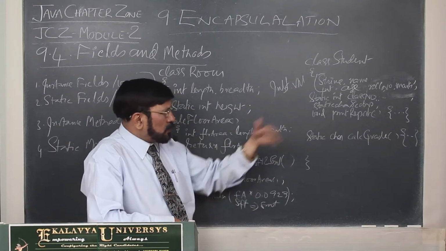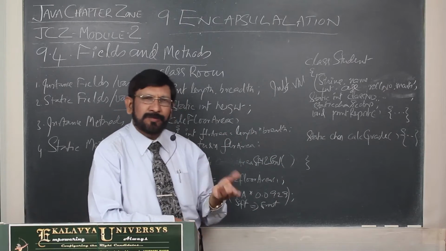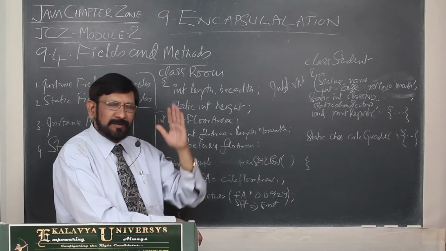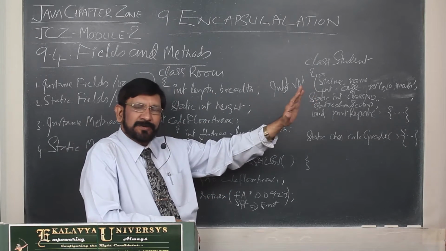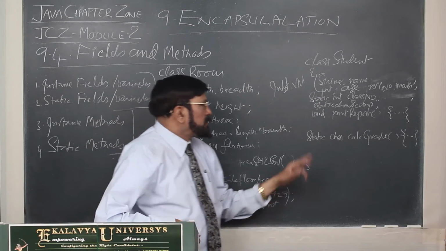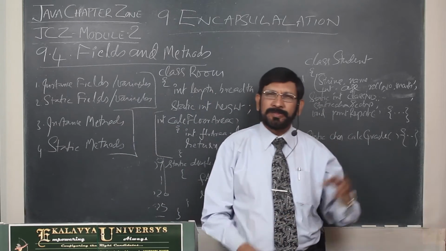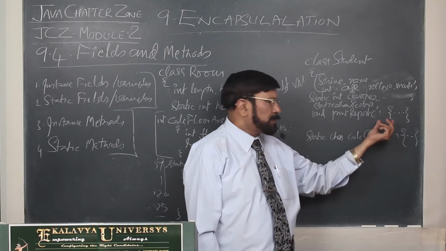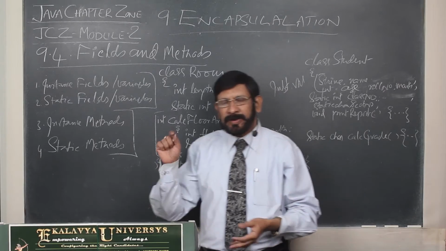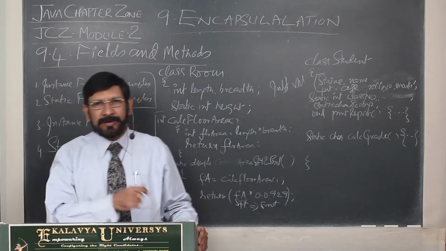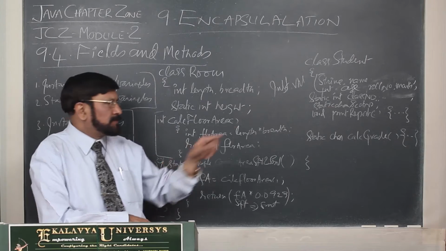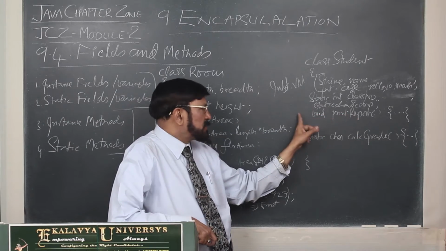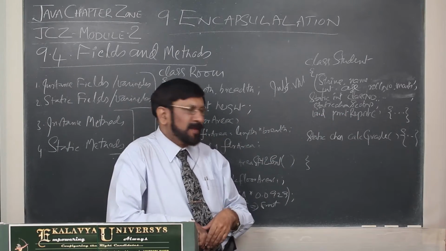In the course of my explanation I will give you several examples until you crystallize this concept in mind and own it. Thereafter, print report: with all this data you are printing a report. For each student you have to print a report, that means for each object, that's why I made it an instance.